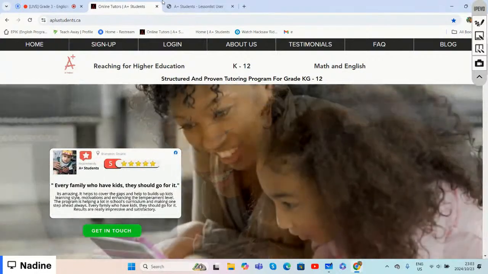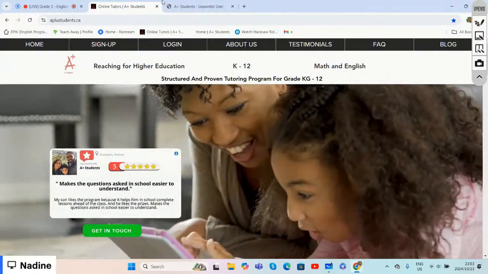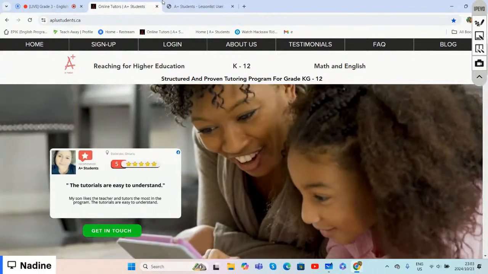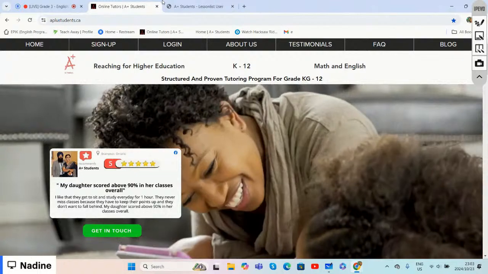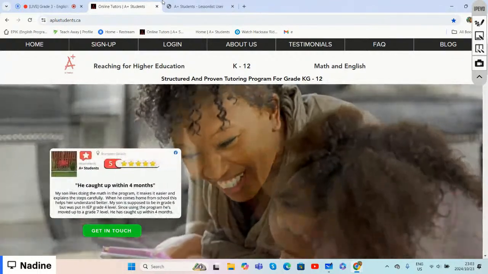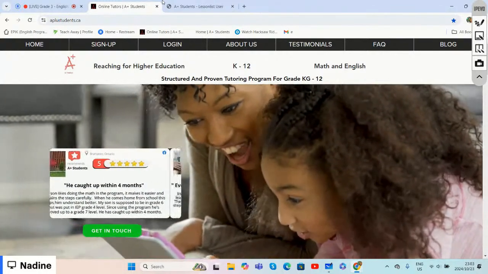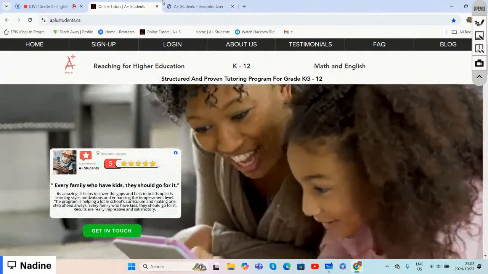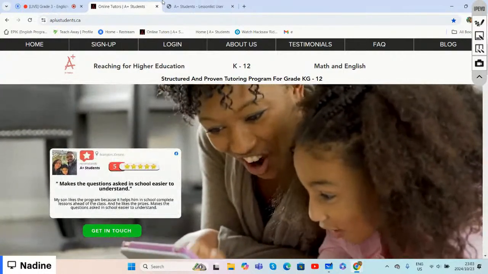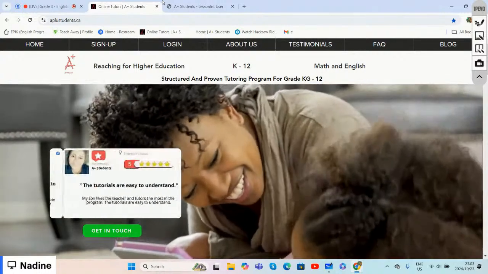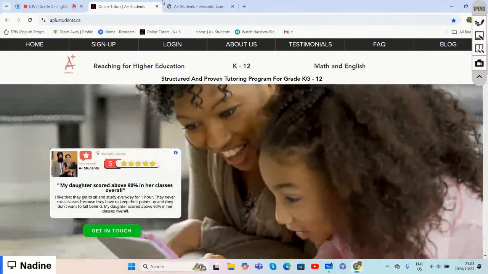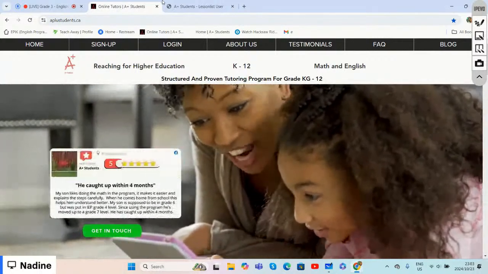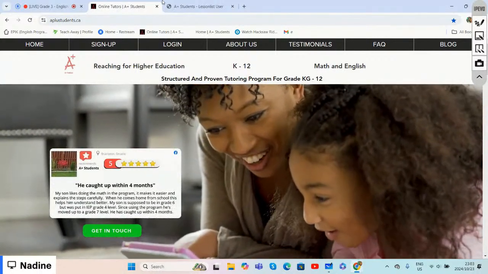Once you've logged on to aplusstudents.ca with our username as well as our password, and then we're going to select the subject of English language arts.